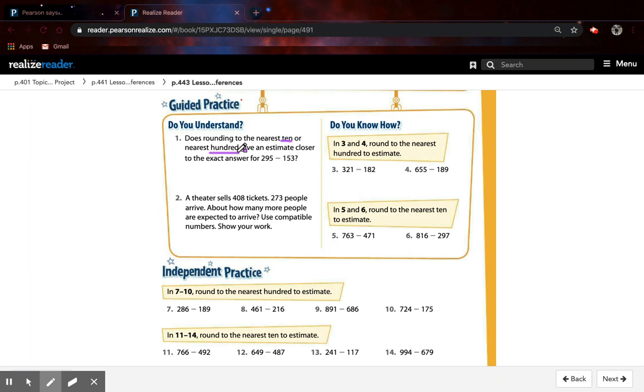So if I were to do to the nearest 10, my equation would be 300 minus 150 is one option. For the nearest 10, let's put nearest 10 here, and then 300 minus 150 would give me 150.